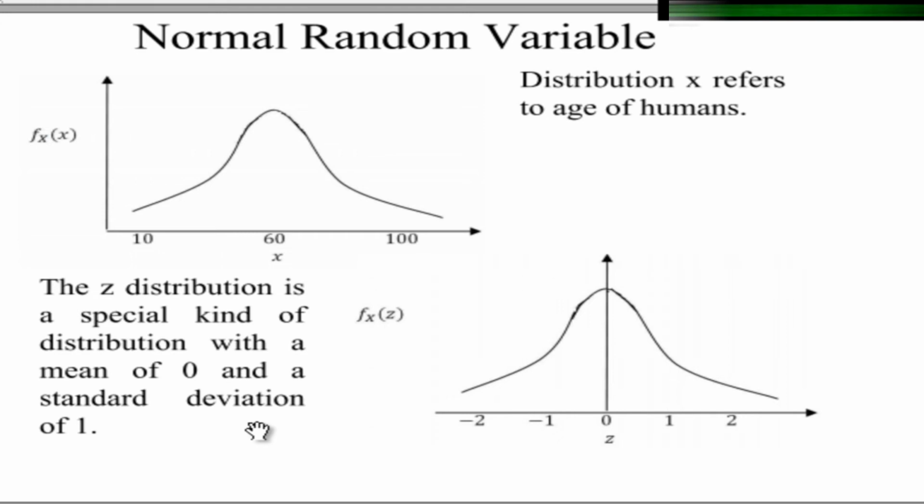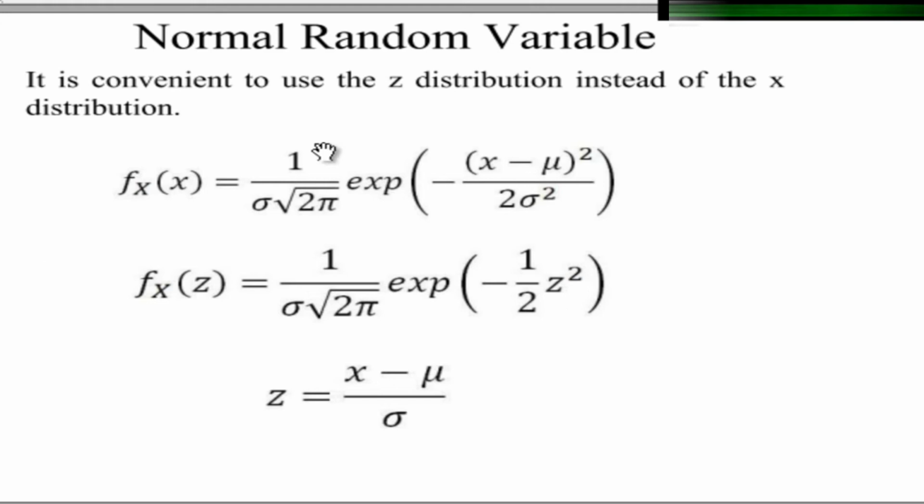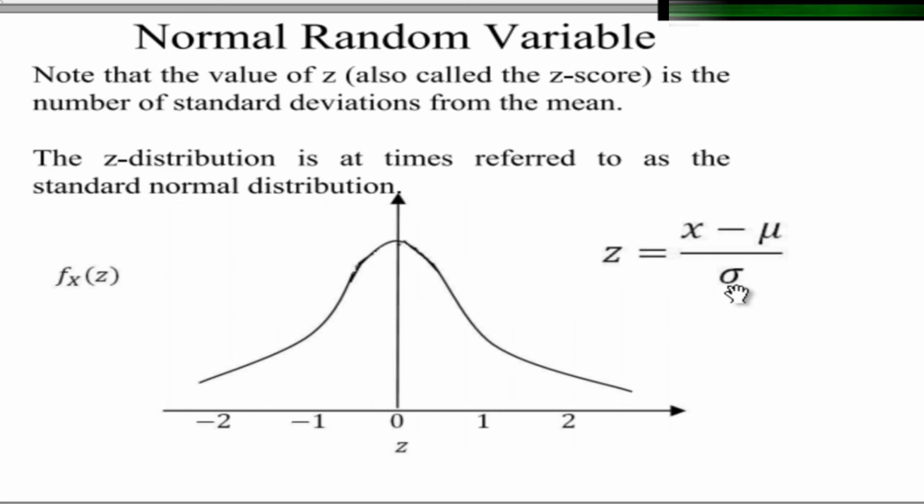You don't have to calculate all the values by using this difficult formula. Whenever it is required, I will provide it to you. So it has a table, and for that reason this Z score is used.